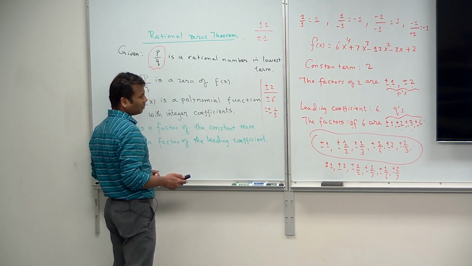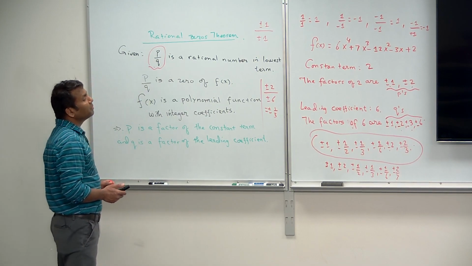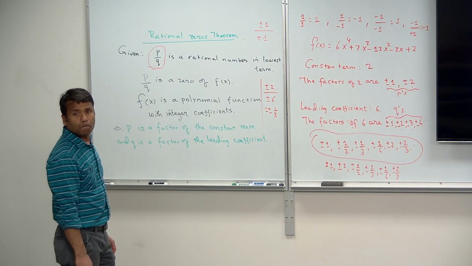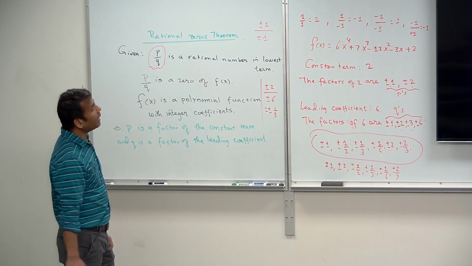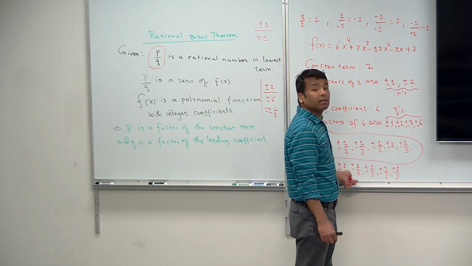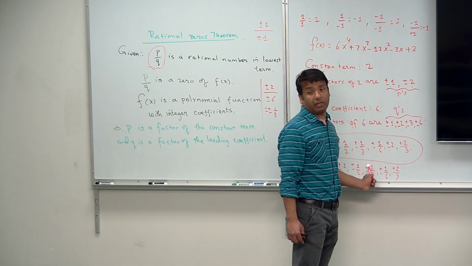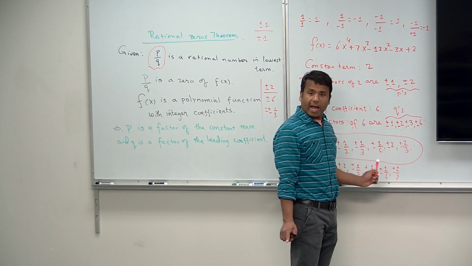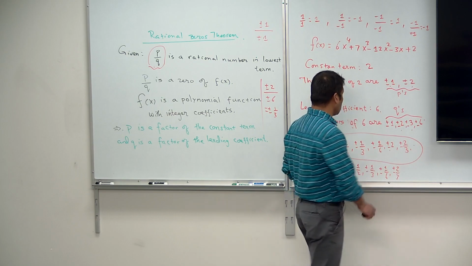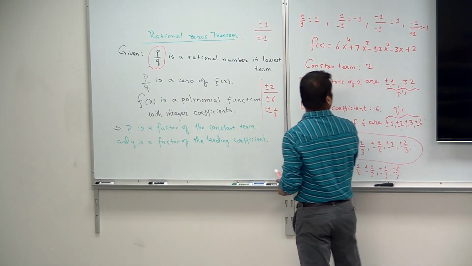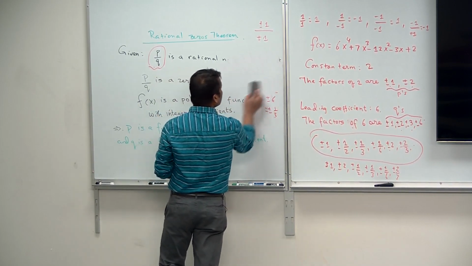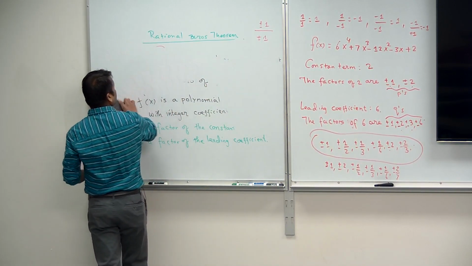So, you see that? So now in part B, you have to find all rational zeros. So these are the possible rational zeros, and you have to find the rational zeros in part B. So find all rational zeros and factor f(x) into linear factors.